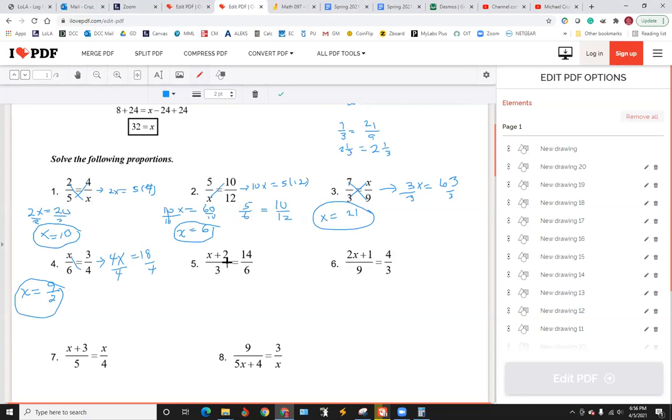All right, these next ones, you got to remember these all have a binomial in one of the 4 spots. All right, and even this one down here has an x in 2 spots like this one. So what you have to remember is when you multiply that 6, you multiply times both of those.